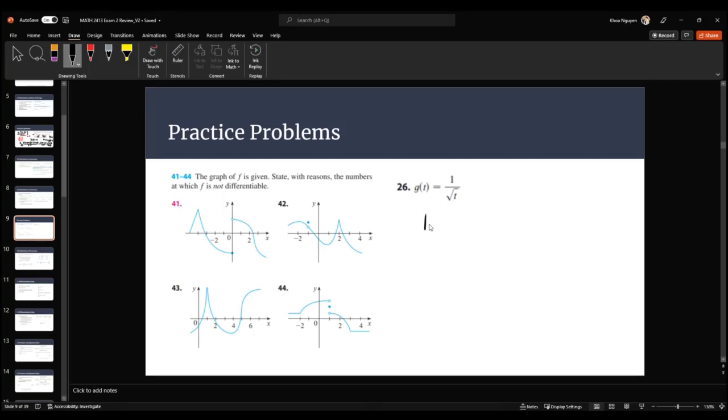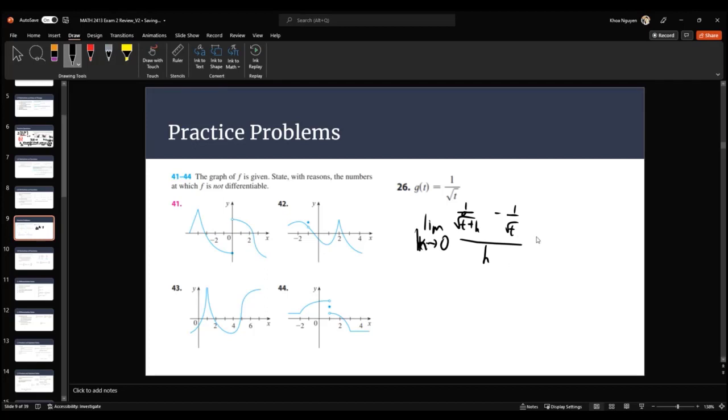In this case, we're doing the limit as h approaches 0 of 1 over the square root of t plus h, minus 1 over the square root of t, all over h. As long as you remember that formula, it's t plus h first, and then it goes over h. And then you'll subtract them.